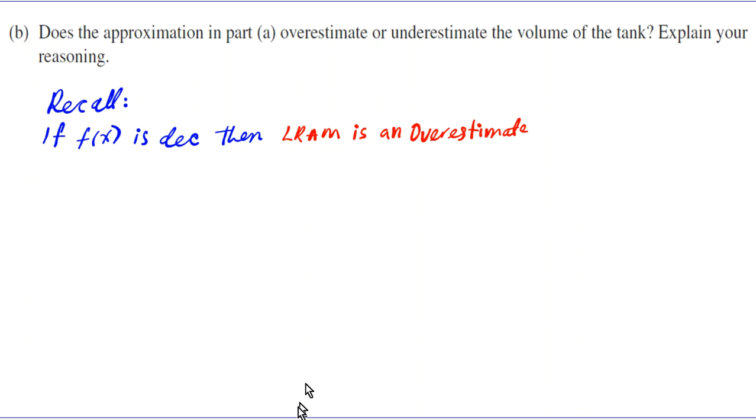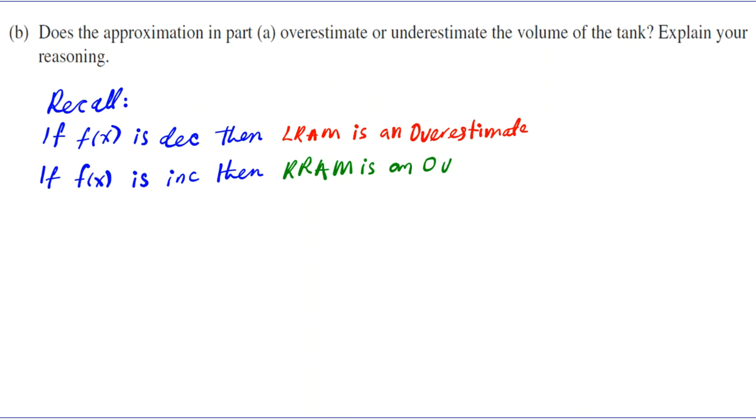And on the flip side, if f of x is increasing on an interval, then the right Riemann sum, or right rectangular approximation, guess what it is? An overestimate.